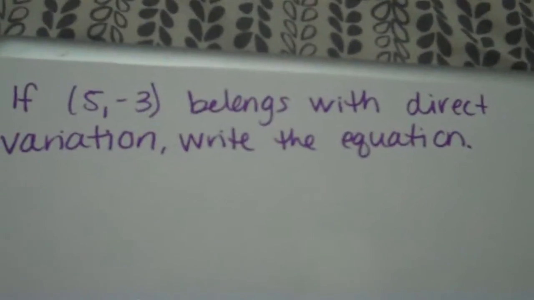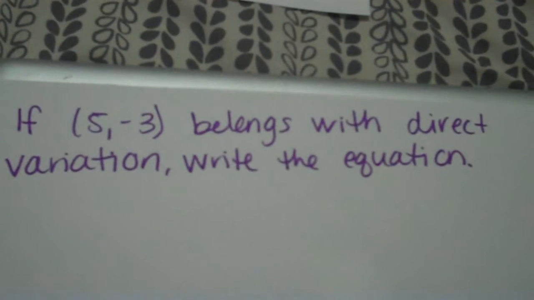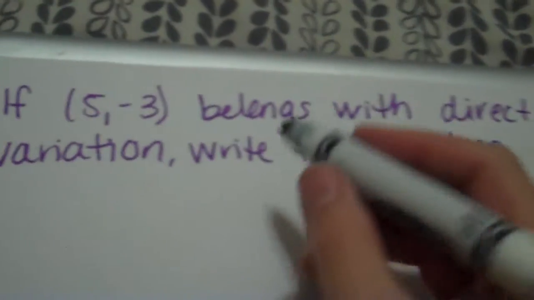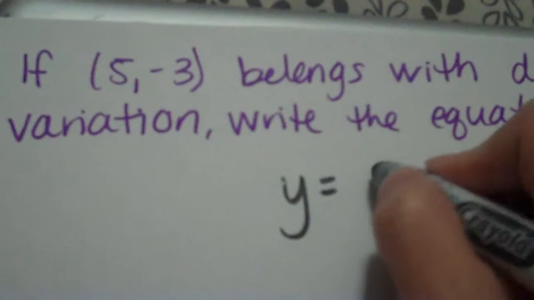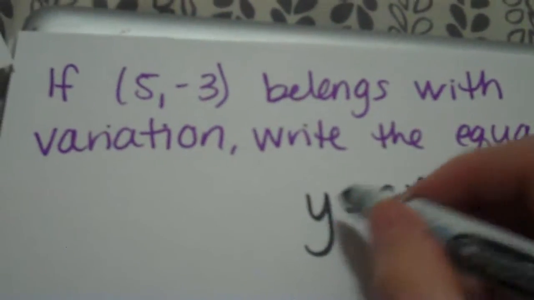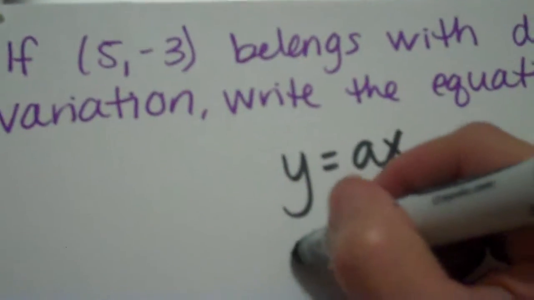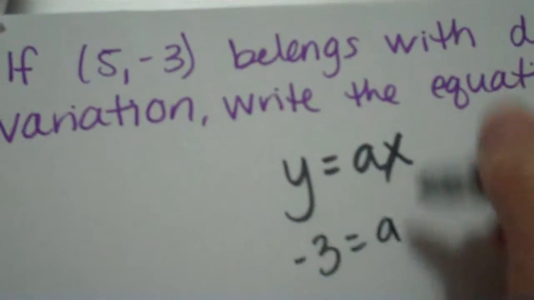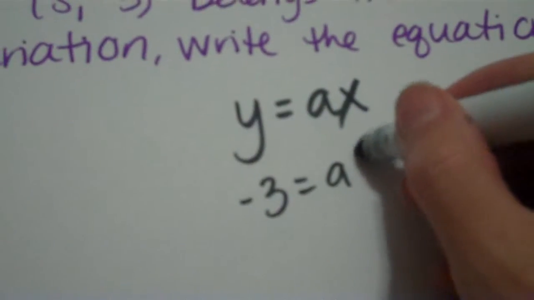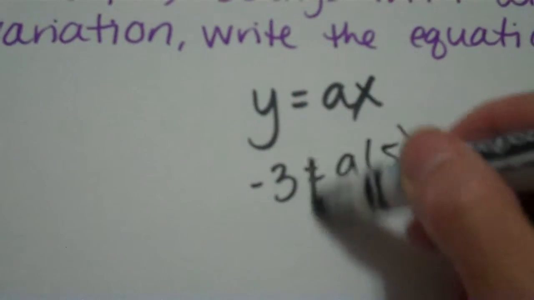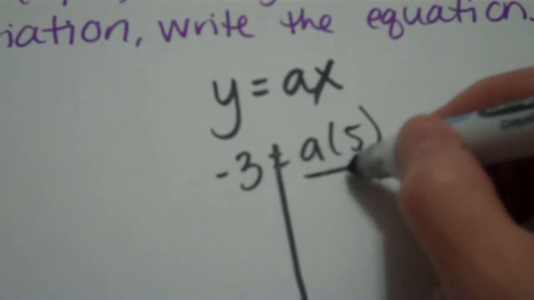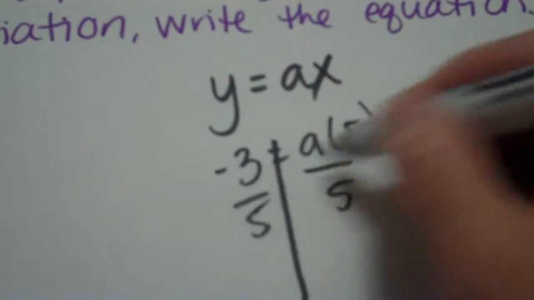Do one more and then we're done. If 5, negative 3 belongs with direct variation, write the equation. Same thing. Y equals ax. Instead of y, the y value is negative 3 equals a, and then the x value is 5. I solve for a by dividing by 5. Negative 3 divided by 5 is a decimal, but as you know, I like fractions.